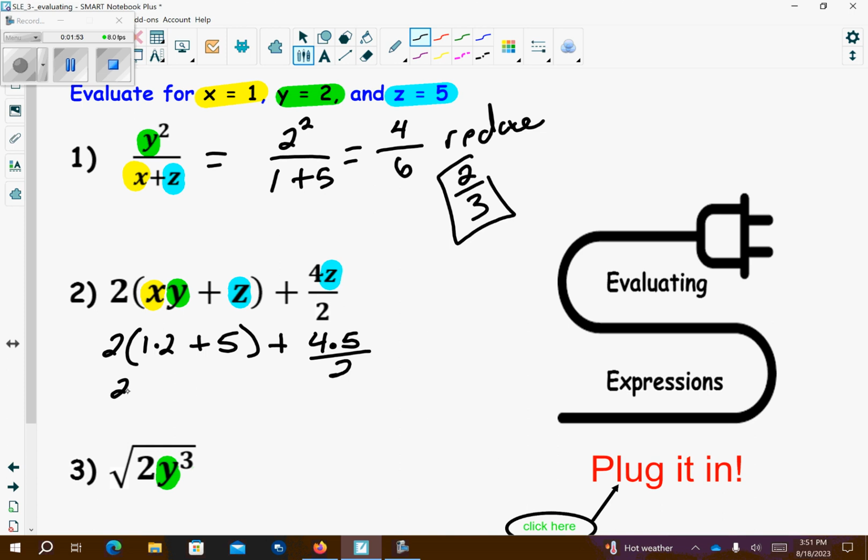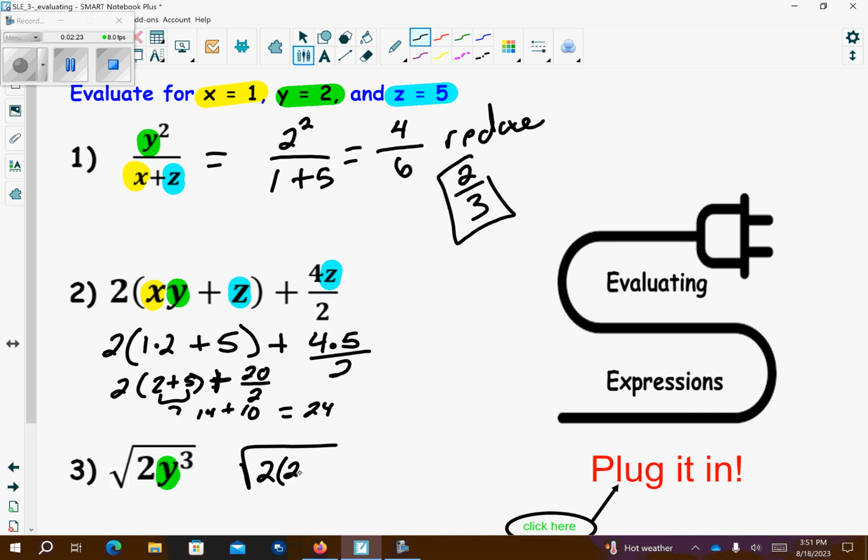Let's do some math. 1 times 2 is 2, plus 5, which gives me 7. And 4 times 5 is 20 over 2, which is 10. So 2 times 7 is 14, plus 10 is 24.